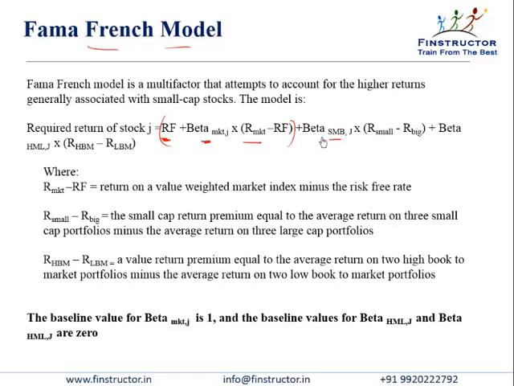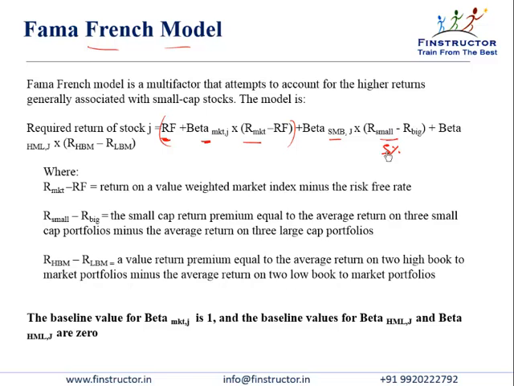So plus beta times the return on small companies minus the return on big companies. So generally it is seen that small companies outperform big companies by about 5%, for example. So RM minus RF will be 5%.